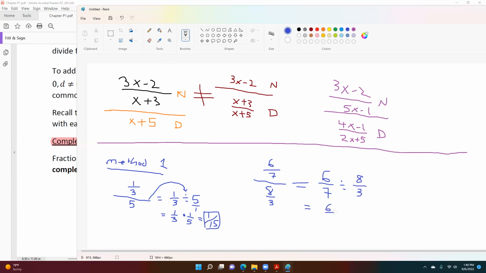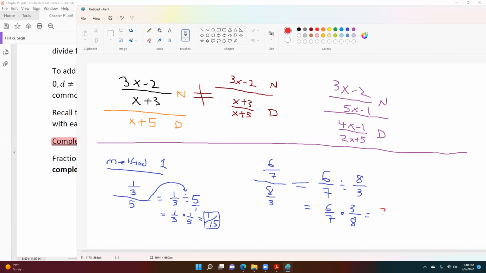What we do next is change this division to become multiplication, and you flip it. Now we need to multiply this. Because they can be reduced, we can reduce first, which will be easier for us. How do we reduce this? We write this in factor form. This is something we did in Thursday's class.